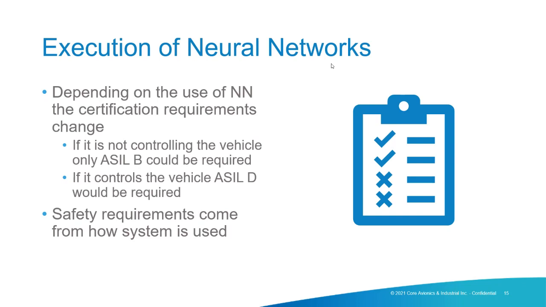But if we start getting into systems where potentially neural networks are actually controlling the vehicle, we go into the domain of ASIL-D type safety applications, where there's a lot more stringent requirements that we have to prove that the system can't be manipulated and that it won't have errors that will cause hazards to the driver or other vehicles or pedestrians in the environment.